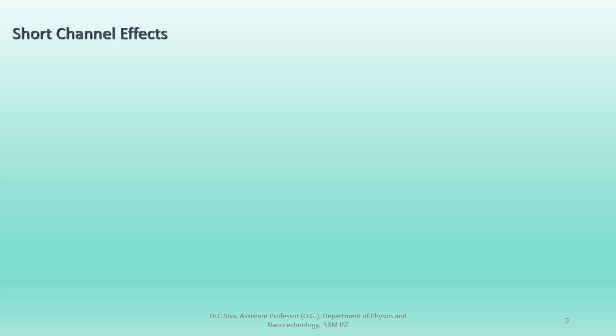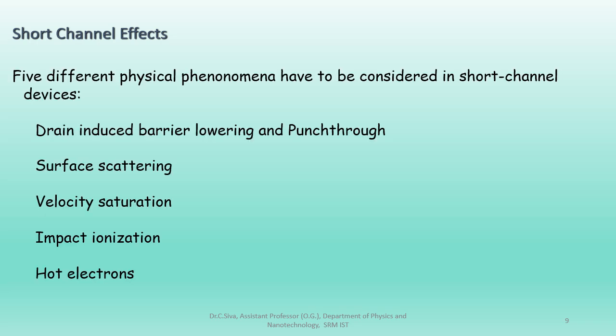What are all the short channel effects? In nanoscale MOSFETs, five physical effects must be considered. One very important one is drain induced barrier lowering and punch through, then surface scattering, velocity saturation, impact ionization, and hot electrons.